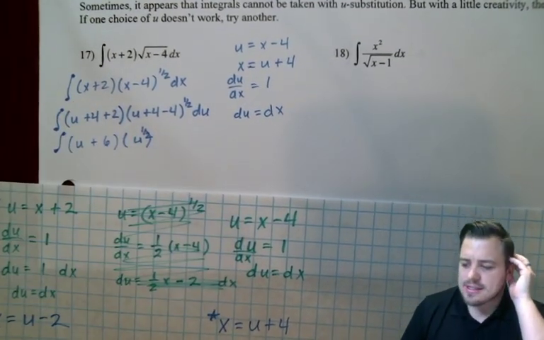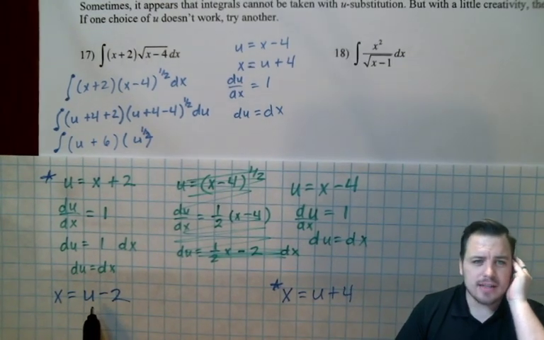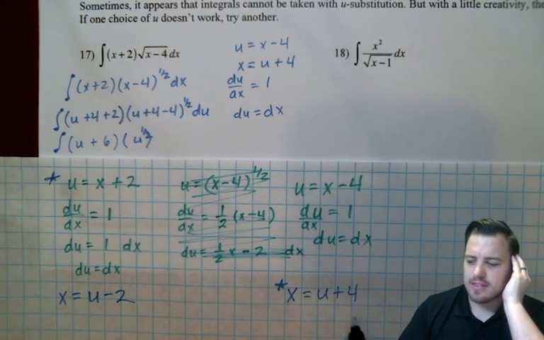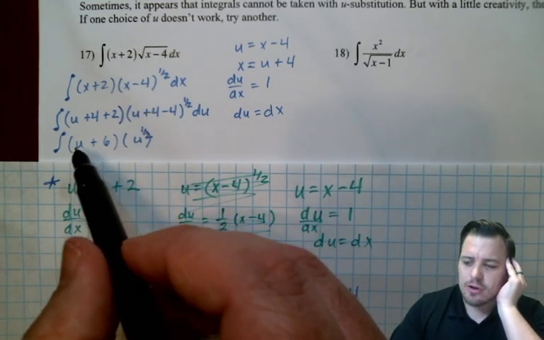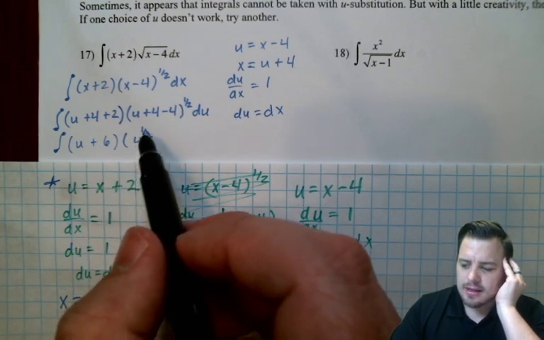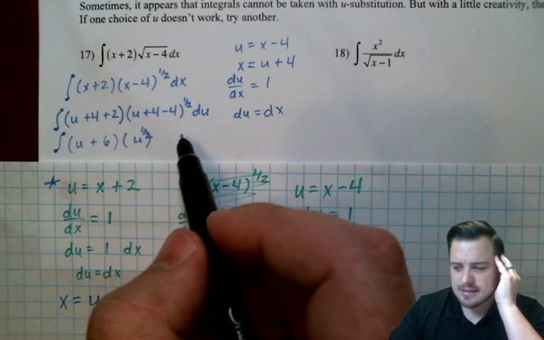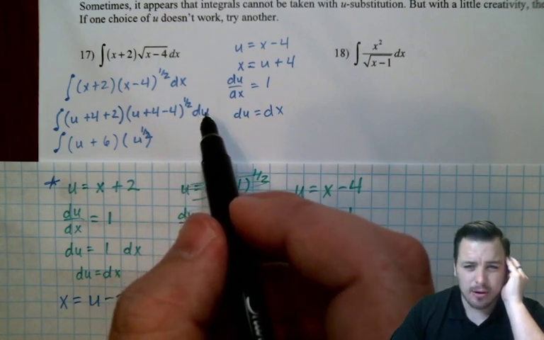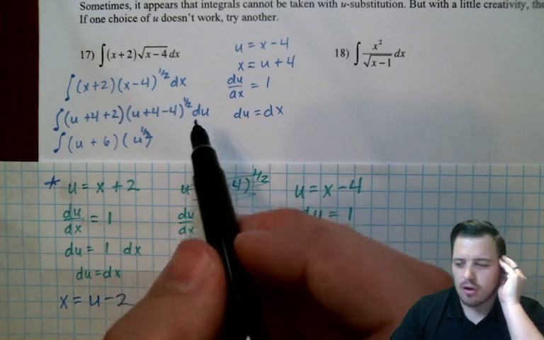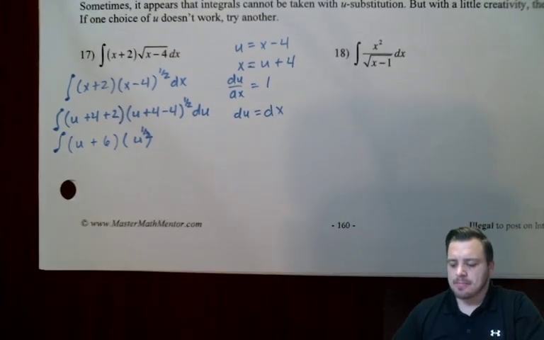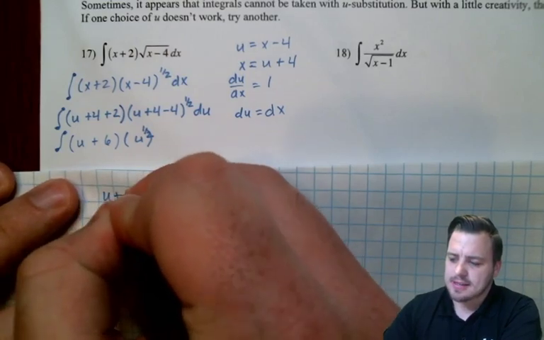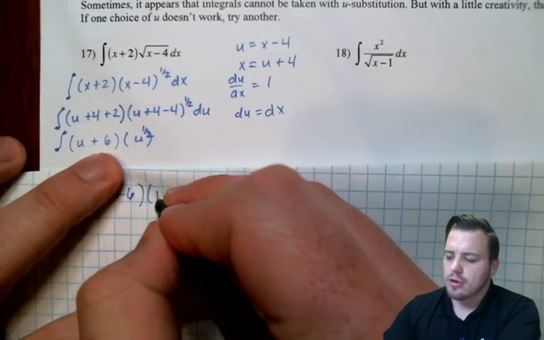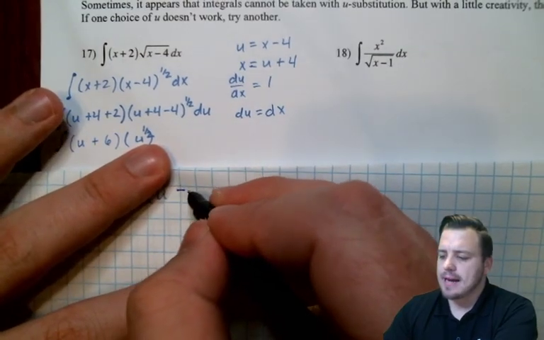Now, the reason I didn't like this other way, u minus 2, because you may be saying, well, you got me lost on why you went with this over this. The reason I didn't use u minus 2 is because I'd have u plus 6 times u minus 6 to the 1/2 power, and I don't know how to solve that. So if I went that other way, at this point in the step it would look like u plus 6 over u minus 6 to the 1/2.